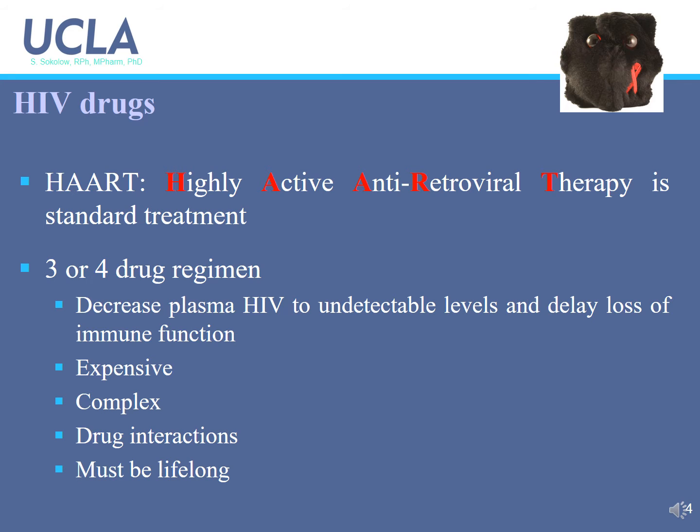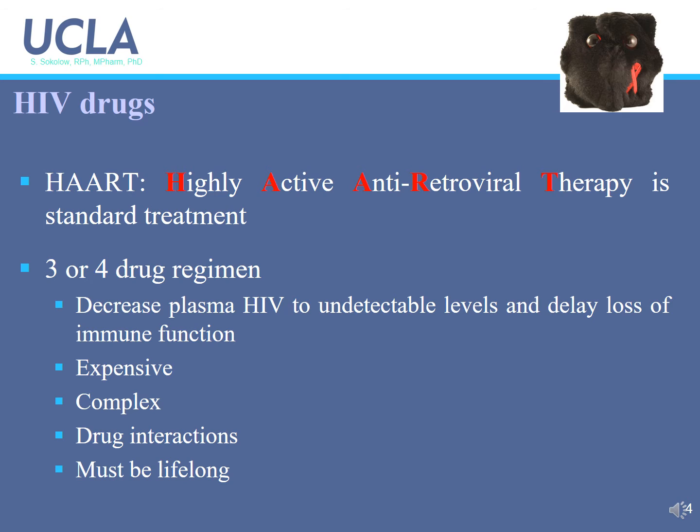The HIV therapy is called HAART, for highly active antiretroviral therapy, and this is the standard treatment. It requires a 3 to 4 drug regimen. There is not a single drug that will be effective in treating HIV infection, and by giving those 3 to 4 drug regimens, you can decrease the plasma HIV to an undetectable level and delay the loss of immune function.